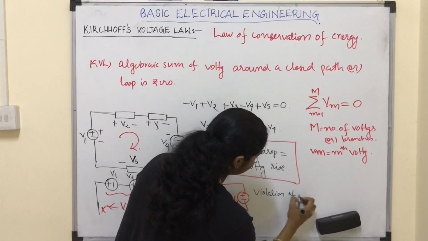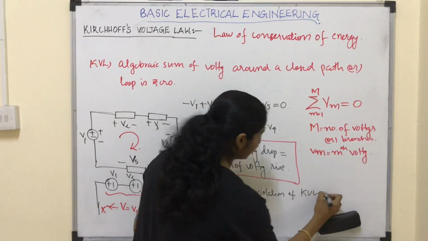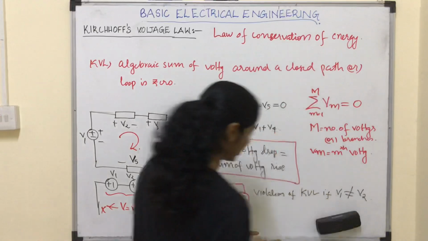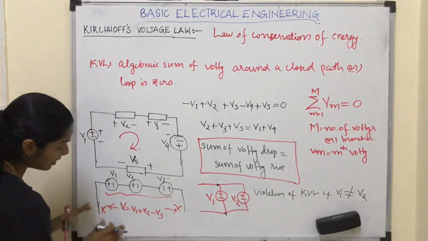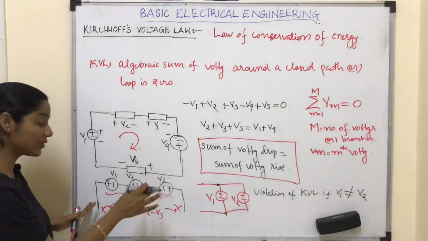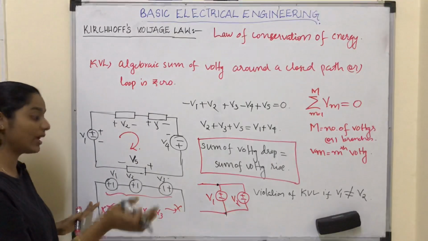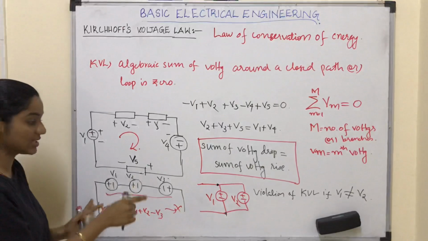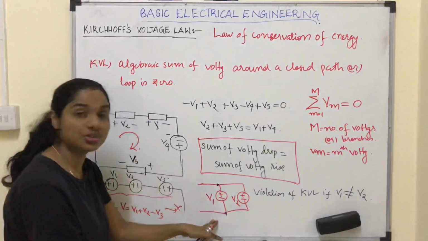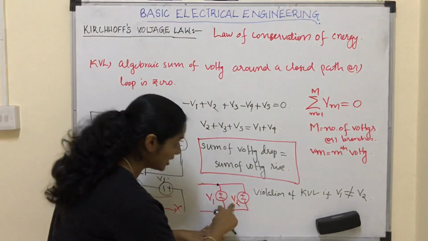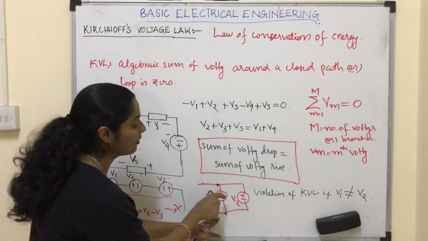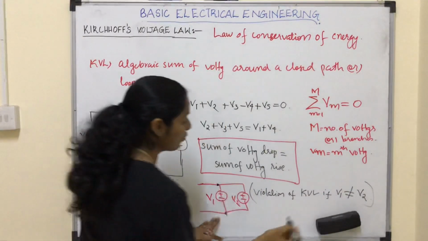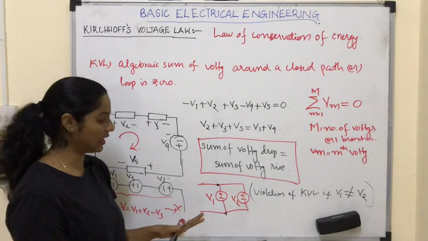We can connect a number of voltage sources in series no matter what the value of the individual voltage sources is. But if we want to connect two voltage sources in parallel, the values must be the same, or it is a case of violation of KVL, right?